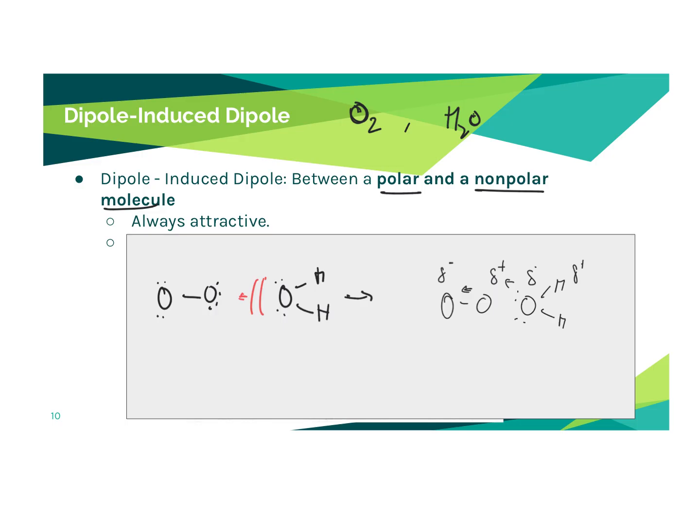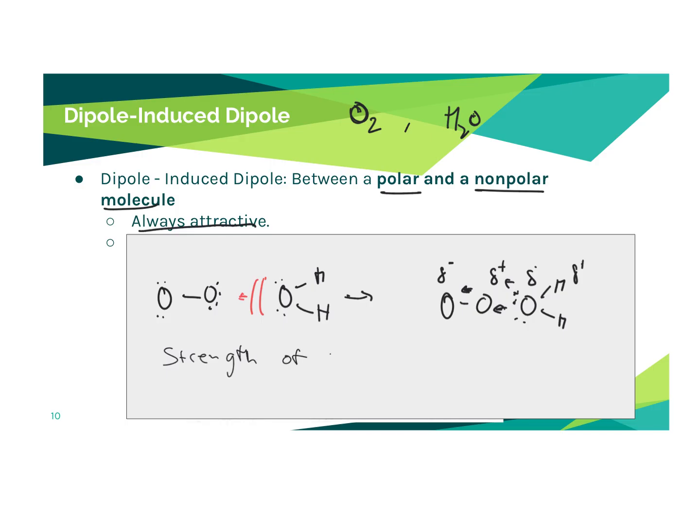So if you have a polar molecule near a nonpolar molecule, the electrons from the nonpolar molecule will move to one side, and then the more negative end of your polar molecule will be attracted to that more positive side of the molecule that you just created. So this is always an attractive force.